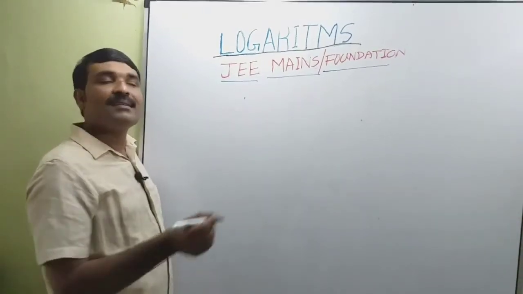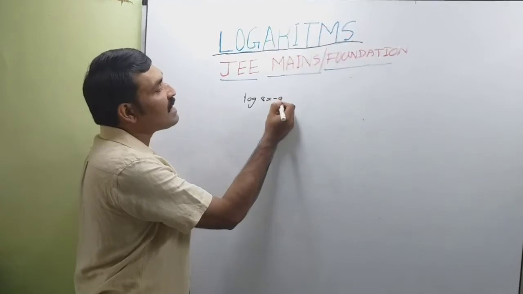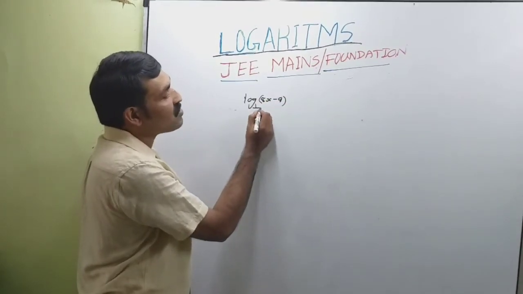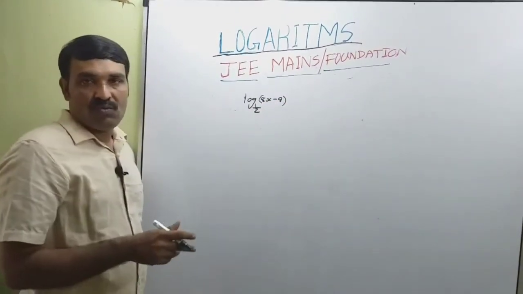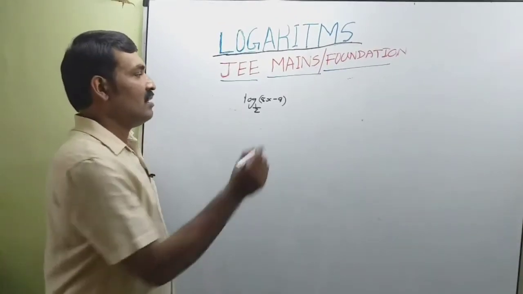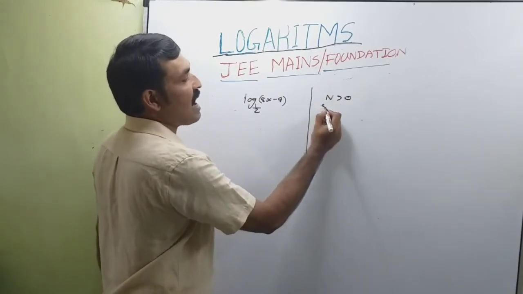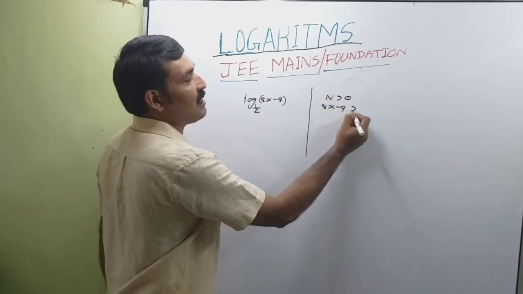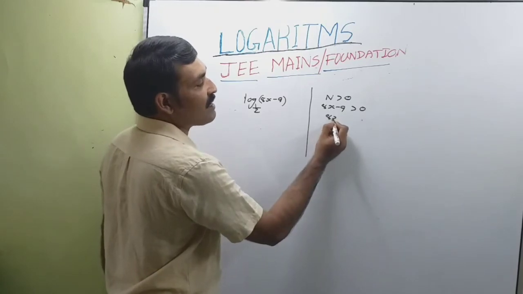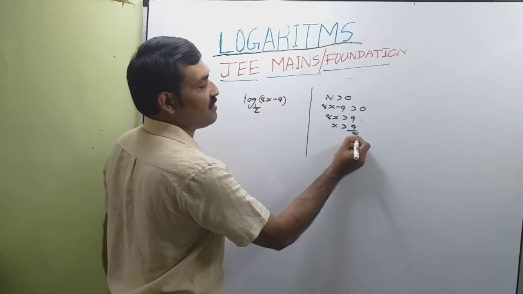Now consider the question log of 8x minus 9 to the base 1 by 2. Find the value of x for which the function is defined. Now first condition is n is greater than 0. That means 8x minus 9 greater than 0 or 8x greater than 9, x greater than 9 by 8.